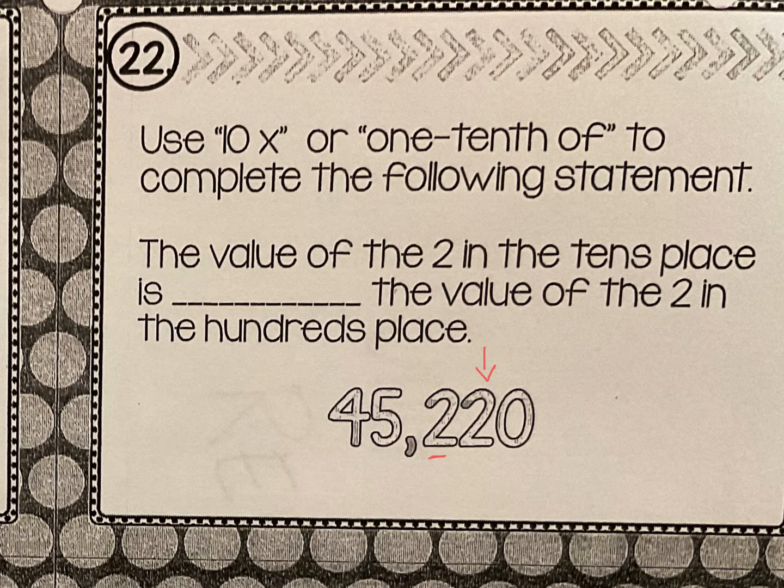If I'm moving from the hundreds place to the tens place, is it getting smaller or bigger? Smaller. The place is a smaller place. So is that 10 times or 1/10 of? 1/10 of. Good.